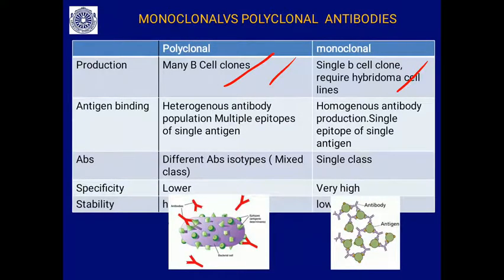It is the clone of a B cell lymphocyte, and it produces a specific monovalent antibody through the technology called hybridoma technology or hybridoma cell lines.